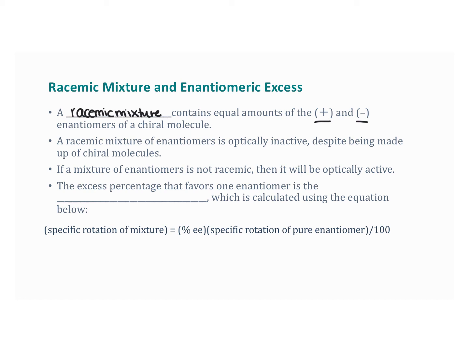So if you have a racemic mixture, equal amounts, that's what we call optically inactive. There's no rotation there. If a mixture of enantiomers is not racemic, then it will be optically active. So you can have more of one enantiomer than the other, and that's called enantiomeric excess.